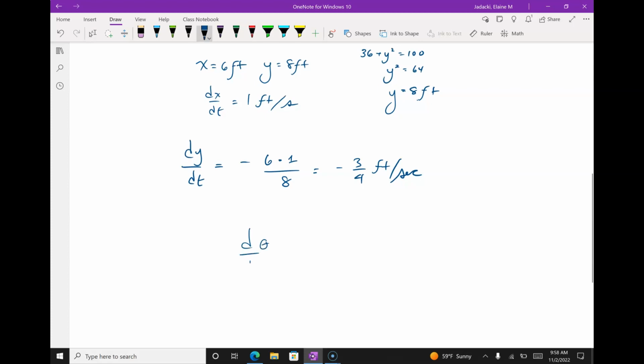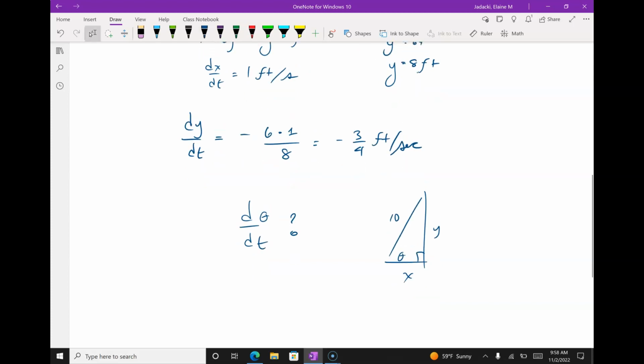Look at that picture, right? What do you see? Yes, you could do a cosine, but there's a better trig because I have x and y, tangent, right? So tangent of theta equals y over x, derivative of both sides with respect to t. Yes?